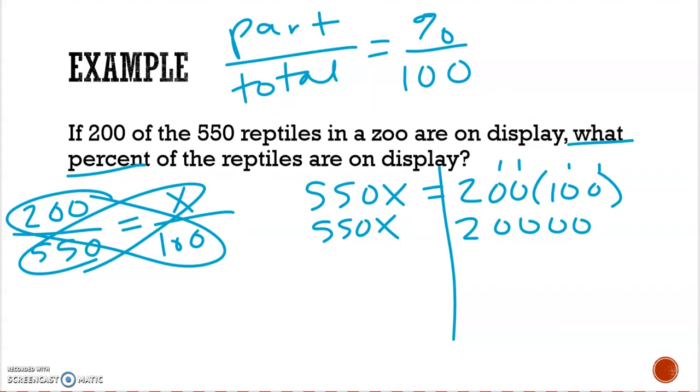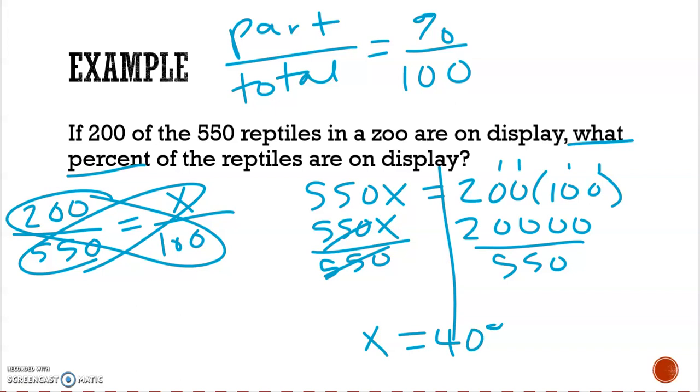That's a nice trick for that. You don't have to type that one into your calculator. All right, so I'm going to divide both sides by 550. That means 20,000 divided by 550, which gives me 40%. This one does have to have the percent sign on it because it says what percent. That was the original question.